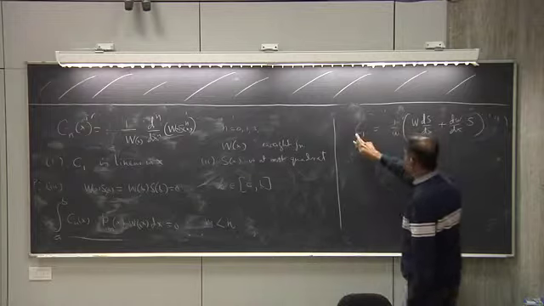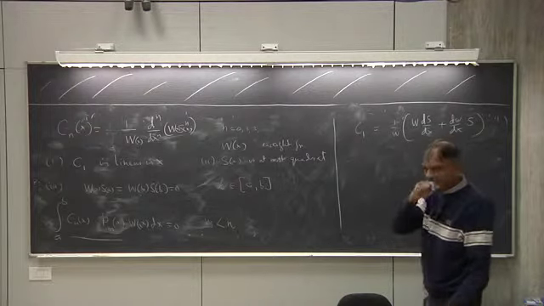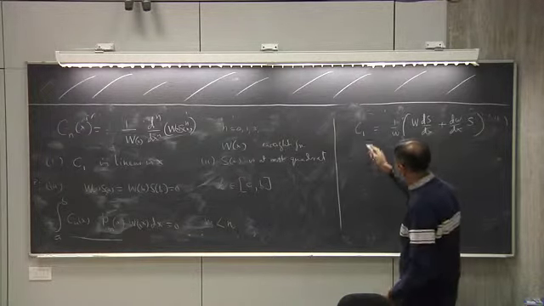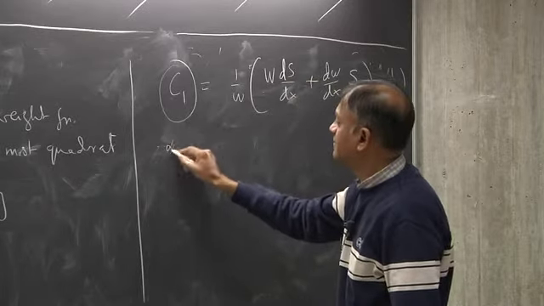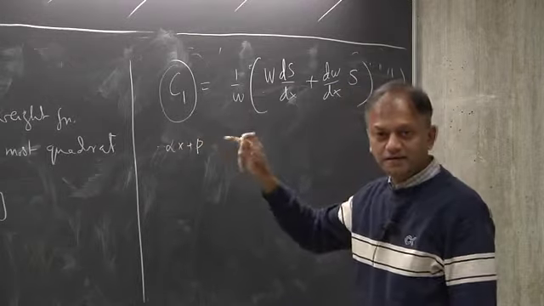Okay, so we want that this is linear in X. Now, what I will do is I will just take this to be minus X. In general, it could be anything, alpha X plus beta, a linear function.